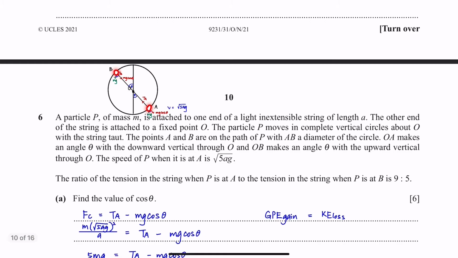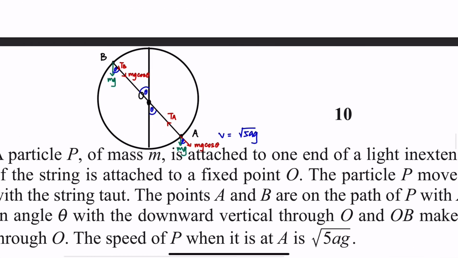So from point A to point B, let's say it goes like this, we know that the gravitational potential energy is increasing and the kinetic energy is decreased.